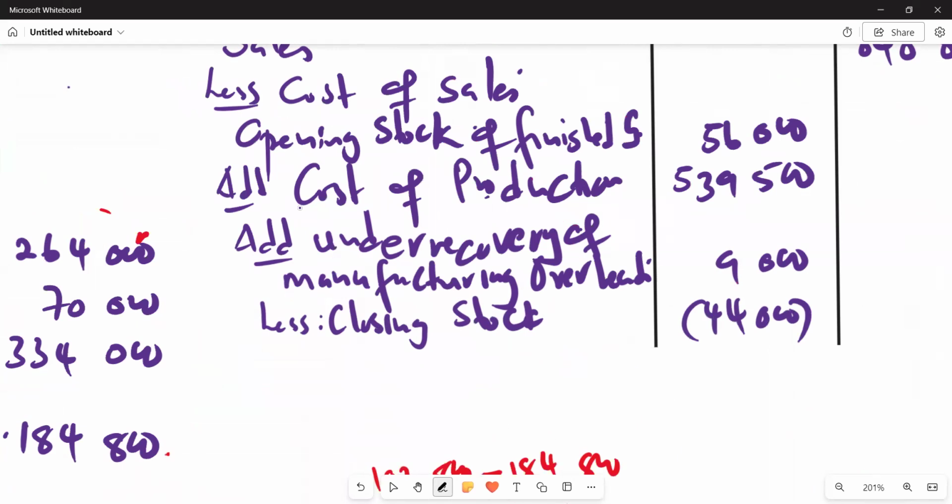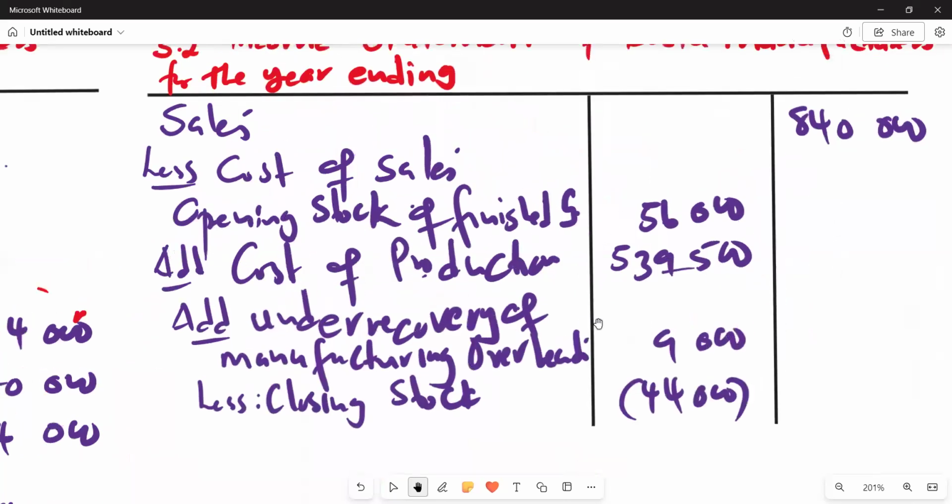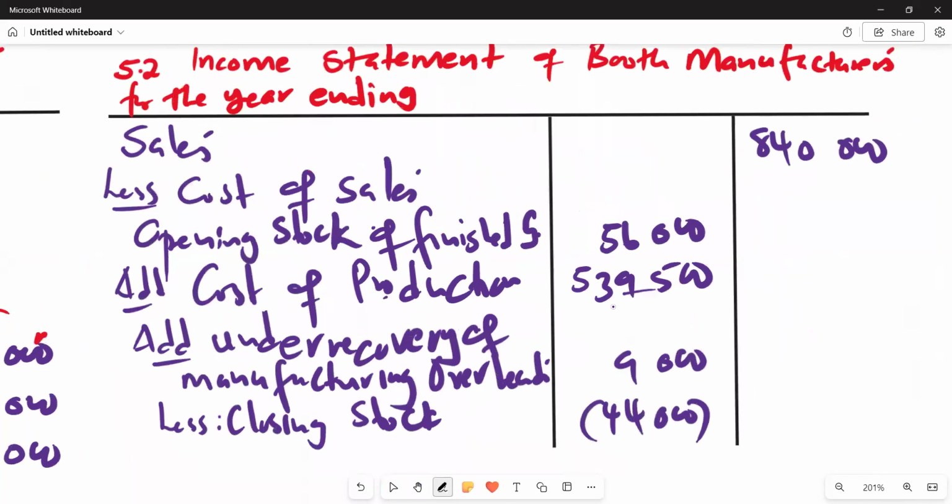And then we say 56,000 plus 539,500 plus 9,000 minus 44,000. You are going to get your cost of sales, which is going to be 560,500. And then we are saying less here, so we are subtracting. So now it's 840,000 minus 560,500.